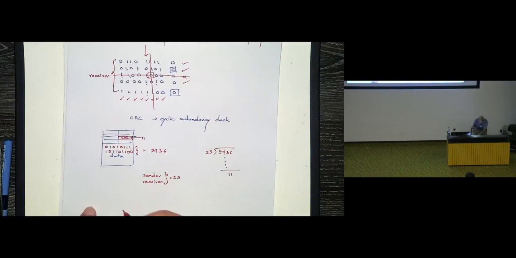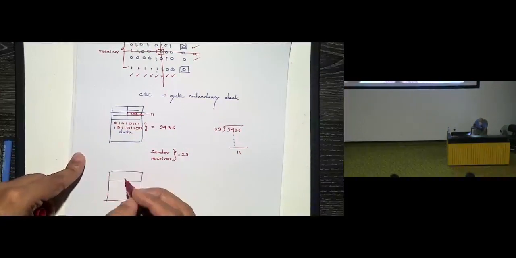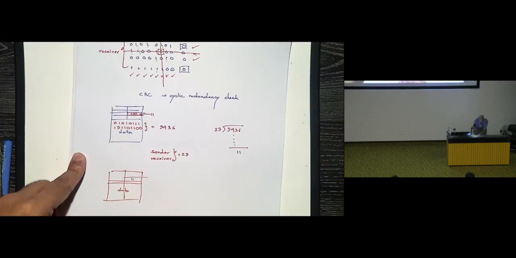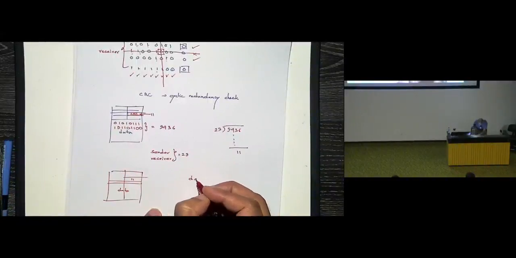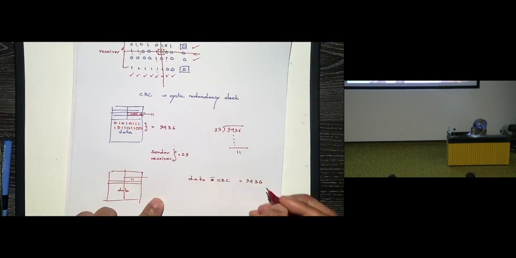The receiver is going to get whatever the data is, and it should get 11 here. So what the receiver will do is data plus CRC. I'm sorry, data minus CRC, let's say.